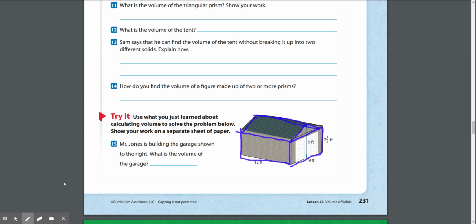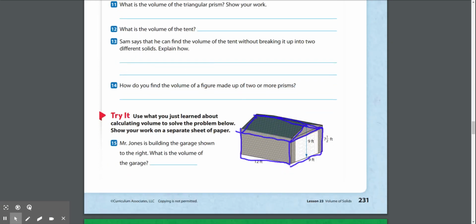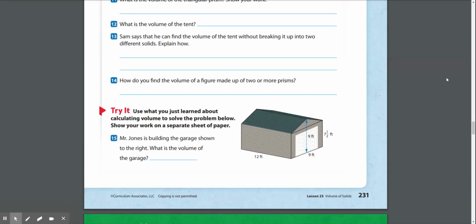It's plain and simple. You have to find the height of that triangle on the base, by taking the total height of this storage room, garage, which is 9 feet, and you subtract this 7.5 feet from it, and you'll find the height of that triangular base.